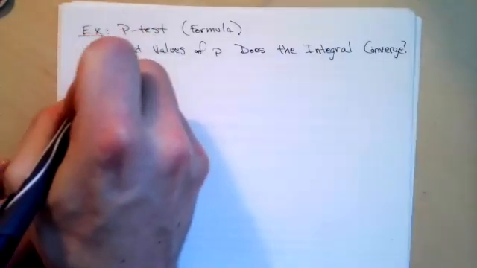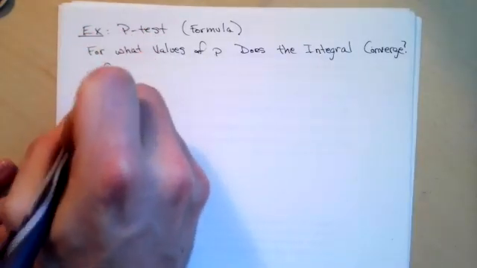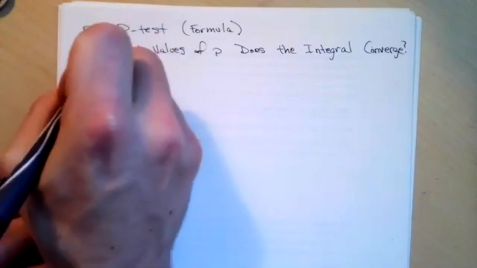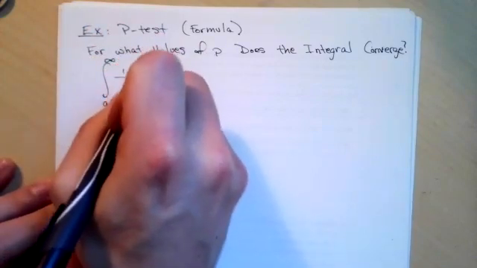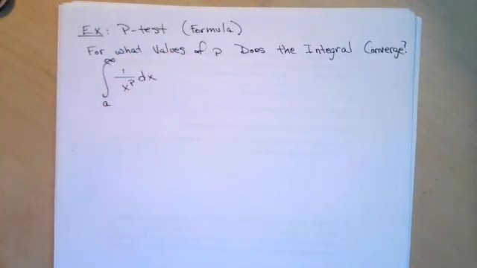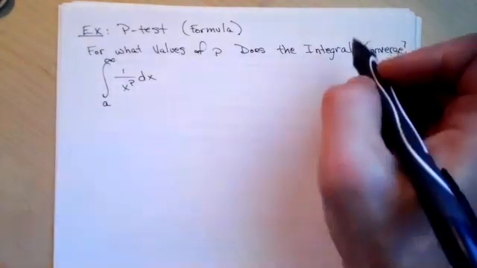So we're going to integrate from a to infinity of 1 over x to the p. We know x to the p, polynomials, go off to infinity at infinity. So of course the reciprocal, 1 over x to the p, is going to go off to 0.